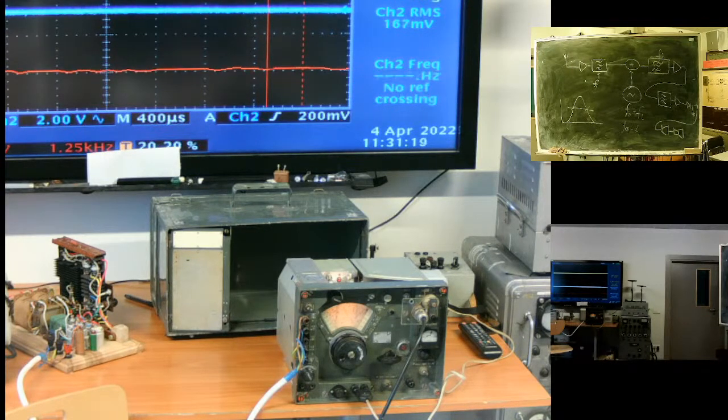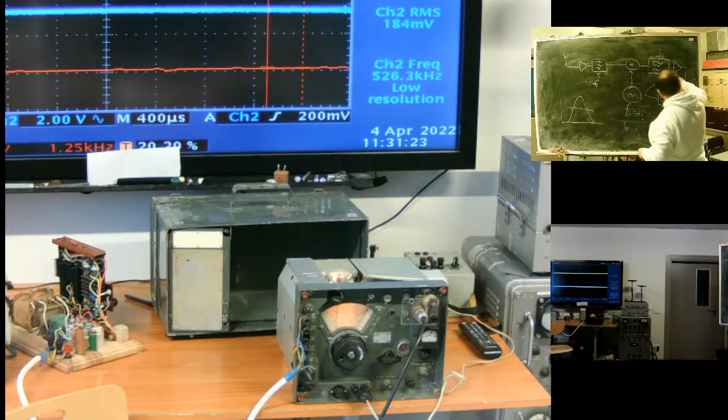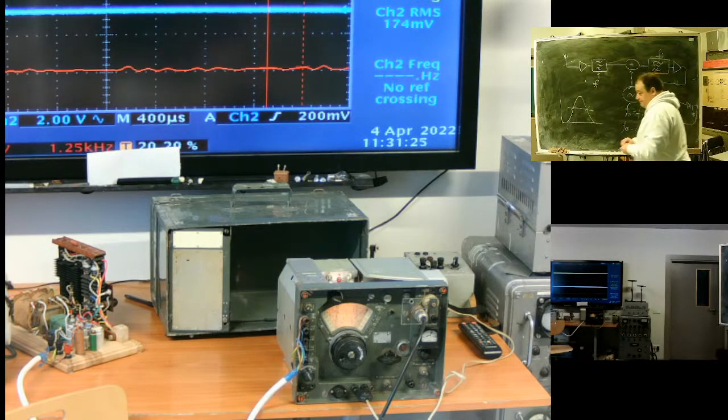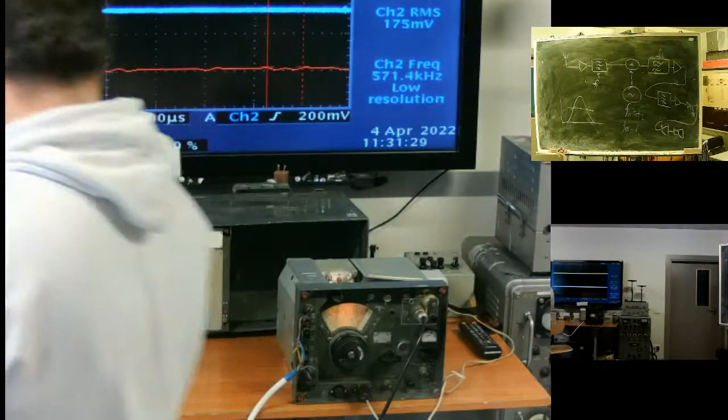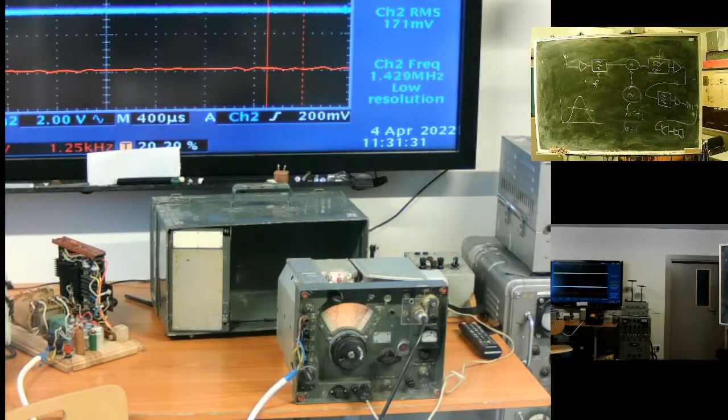I can attach a scope somewhere here, into the intermediate frequency network.